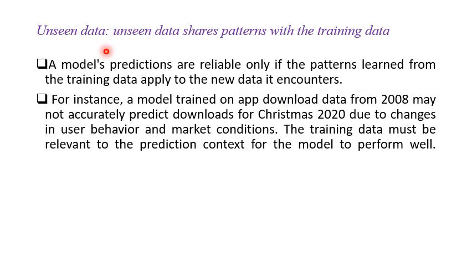We should use machine learning when unseen data shares patterns with the training data. Let me say it in simple language: the data distribution between training data and unseen data should be the same. The training data and the unseen data should follow the same pattern.